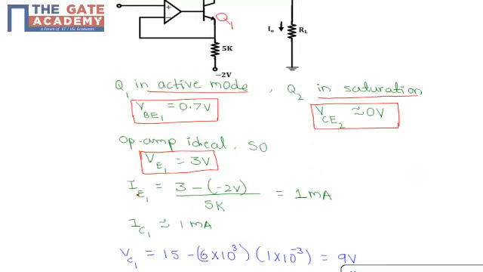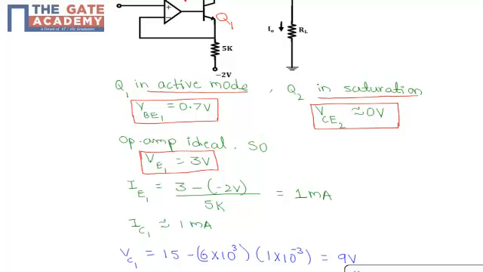Then calculate the emitter current in transistor 1. It will be equal to 3 volts, the power supply in transistor 1, minus minus 2 volts, divided by 5K.